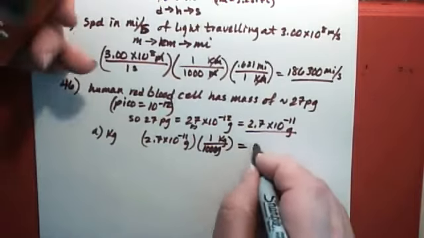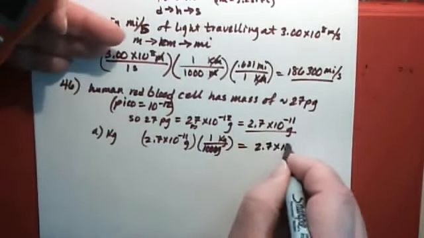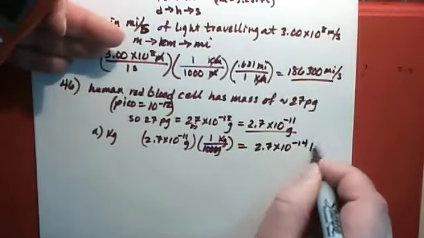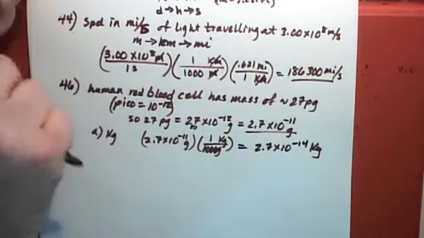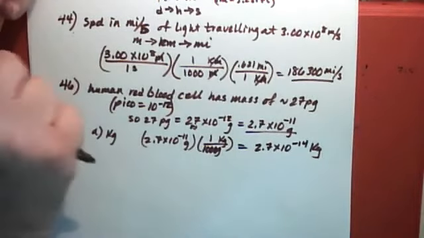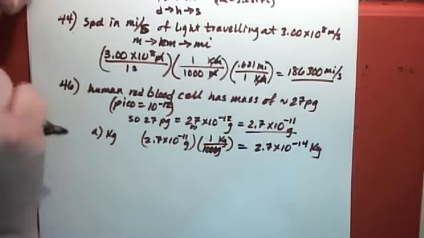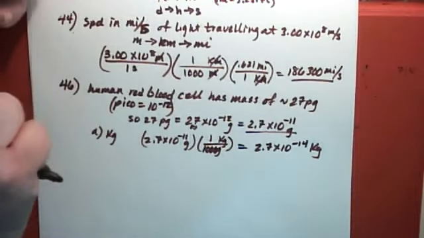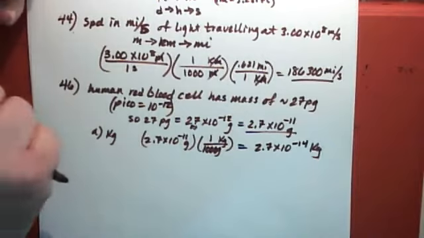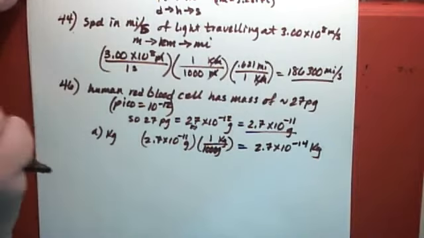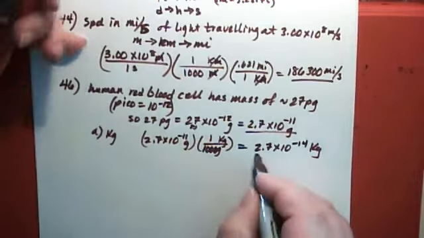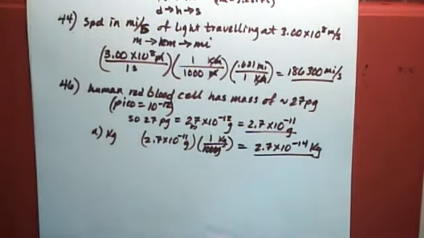So that would be 2.7 times 10 to the minus 14 kilograms. And just to check and make sure I didn't mess anything up, 2.7 times 10 to the minus 11 divided by 1,000. Yep, 2.7 times 10 to the minus 14 kilograms.